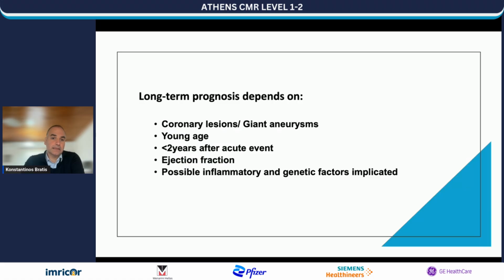Also, extra anatomical factors such as the young age at the acute insult, the short period from the acute event, and then potential inflammatory and genetic factors should be also taken into consideration when discussing the long-term prognosis of Kawasaki disease.